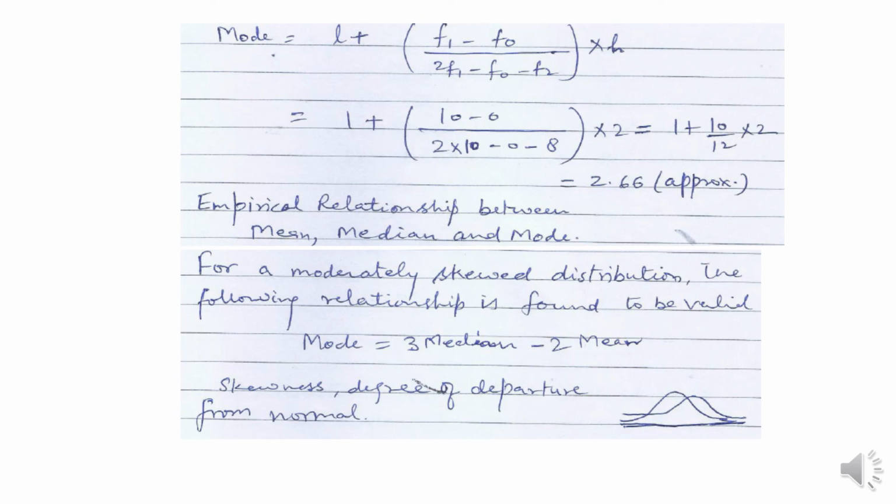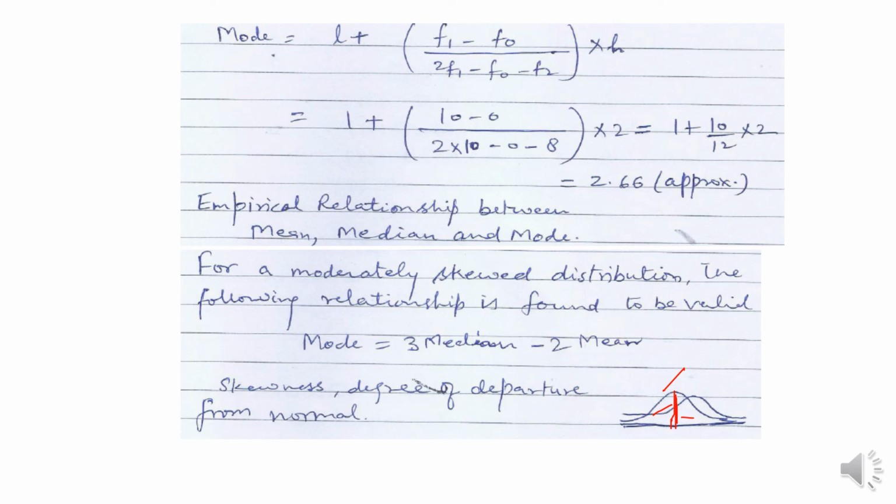So the empirical relationship between mean, median and mode is for a moderately skewed distribution. A normal distribution has a curve like this, which is half on this side, a straight line in between, and half of this on this side.